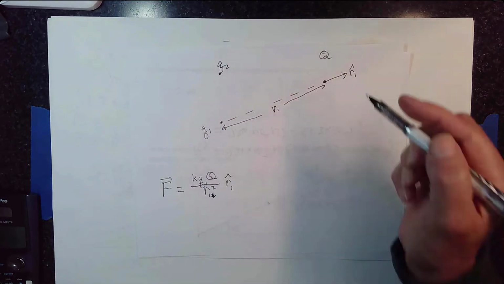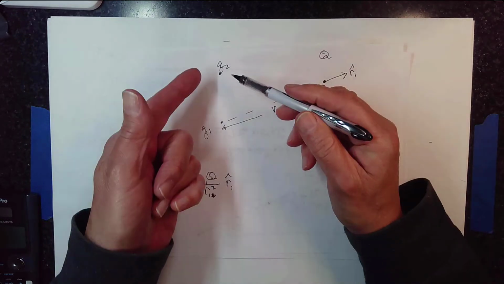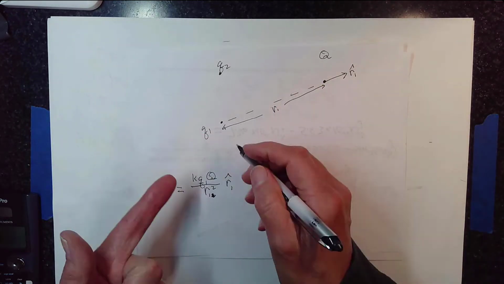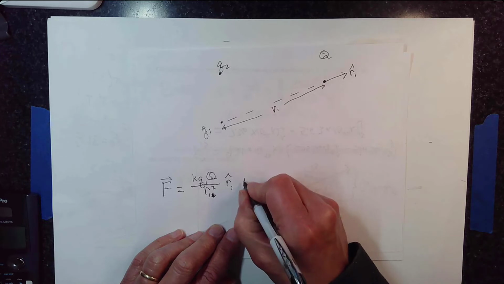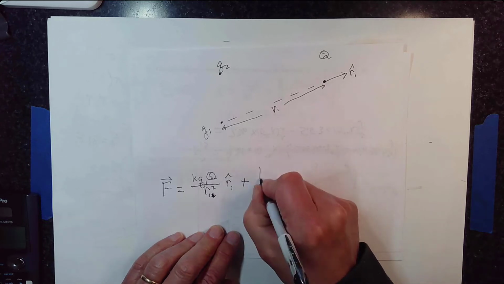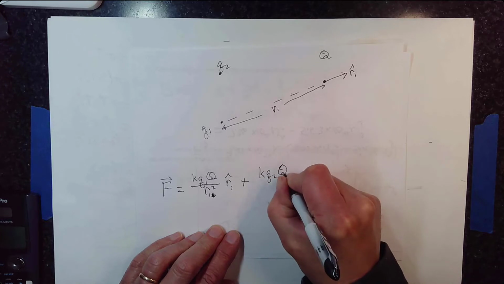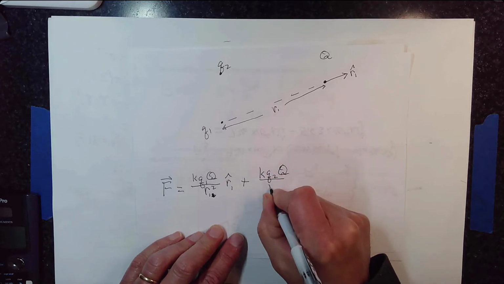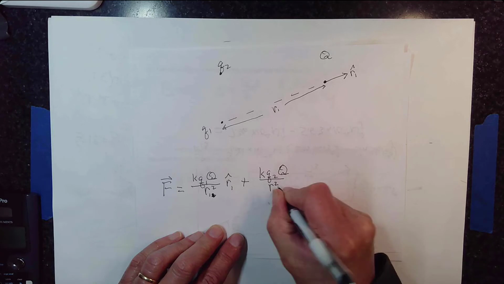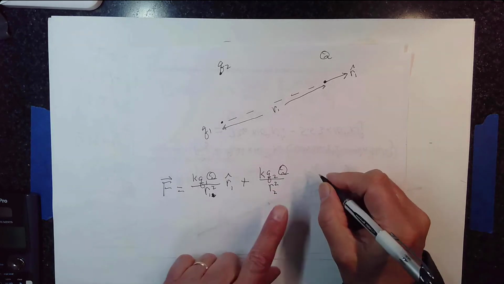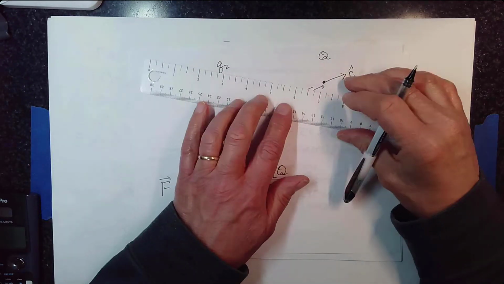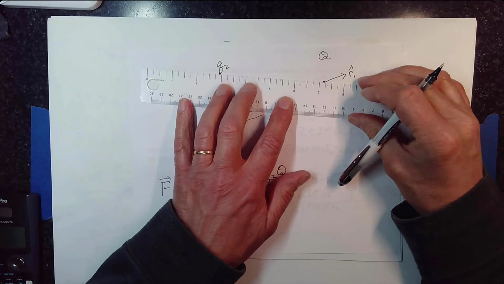The net force on Q due to these two charges, I'll have to add in the force that charge 2 exerts on it. So I'd also have k Q2 times capital Q divided by R2 squared, and the direction of that force will be different from the other force.